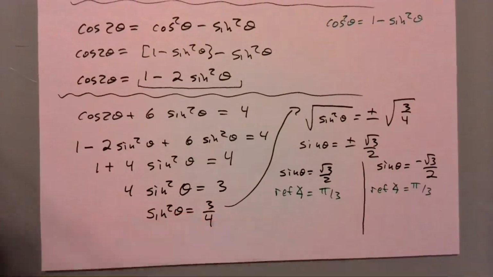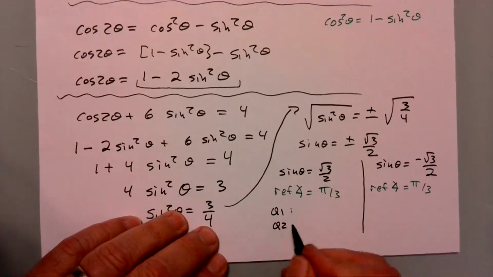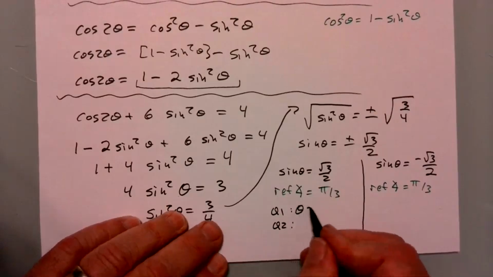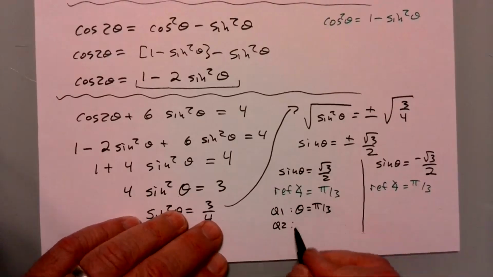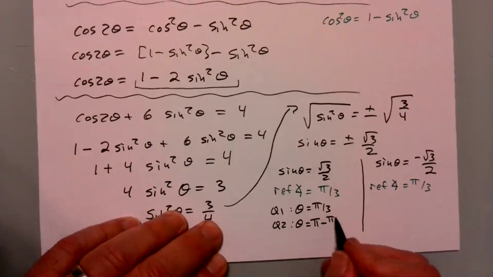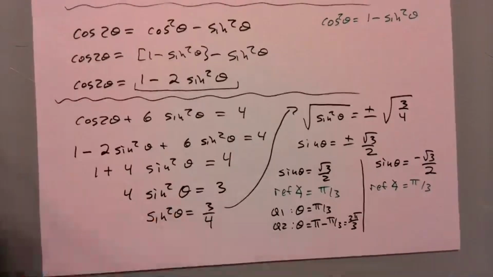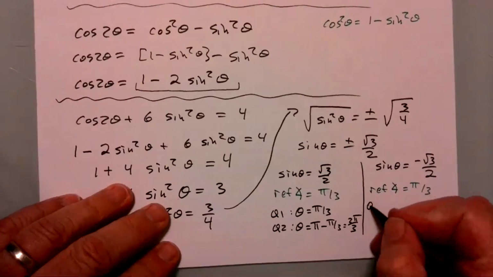So what can we say then? Sine is positive in quadrant 1 and quadrant 2. My quadrant 1 answer, theta is pi over 3. My quadrant 2 answer, theta is pi minus pi over 3, 2 pi over 3. For a reference angle of pi over 3, sine is negative in quadrant 3 and quadrant 4.